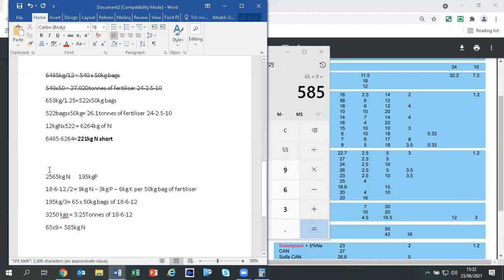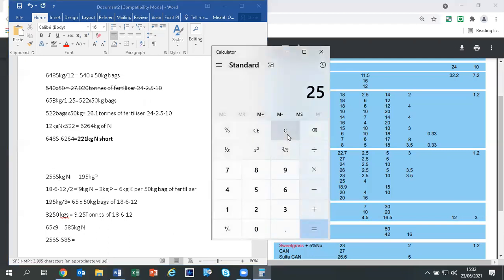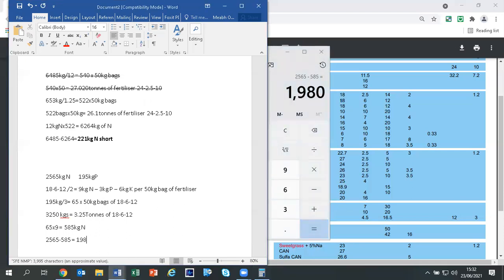So we have a big remainder of nitrogen requirement left. 2,565 minus that 585 means that we still have another 1,980 kilograms of nitrogen to make up.